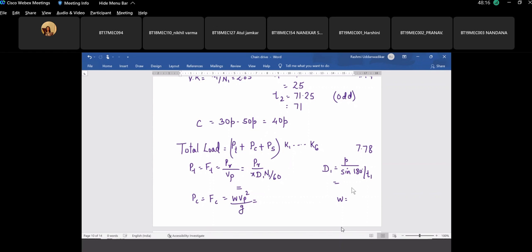FT is coming out to be 1130. Please give me what is VP first. Give me the value of VP and the diameter also. Is that 6.6? Others, please confirm. 6.6.